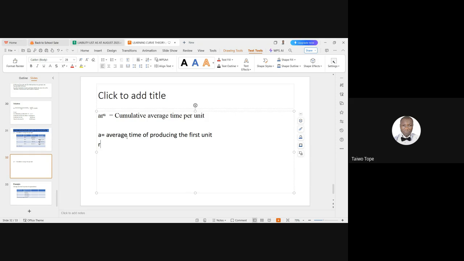R will be the learning rate. And N will be the number of times activity was doubled to obtain the cumulative outputs.